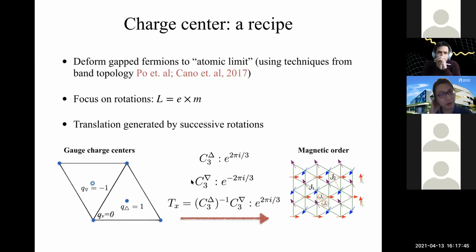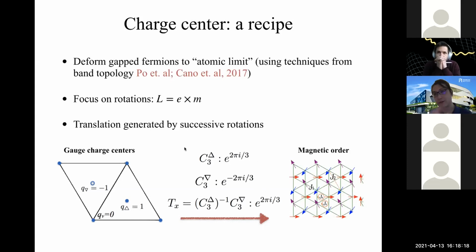Once you get all the rotation symmetry quantum numbers, you can also get translation just by composing rotations around different points. For example, you first perform a downward triangle C3 rotation, and then an upward triangle inverse C3 rotation. That way you get a translation, and then you multiply these two phases together and realize that under translation you also get a 2π/3 phase factor.